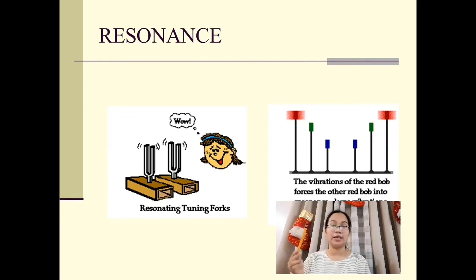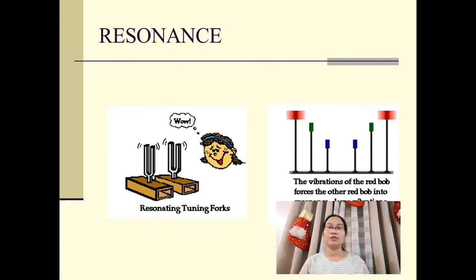Again, we will try this in the laboratory. If we don't have wine glasses, then I'll just take a video of it and you observe. So that is forced vibration, because one wine glass was set into vibration, the other one was forced to vibrate, okay? So that is forced vibration.